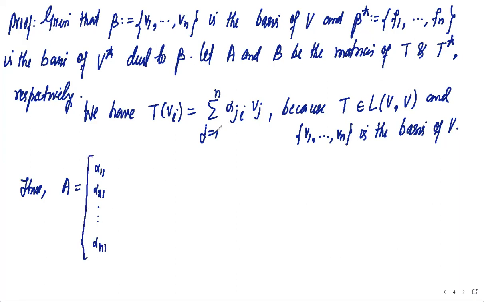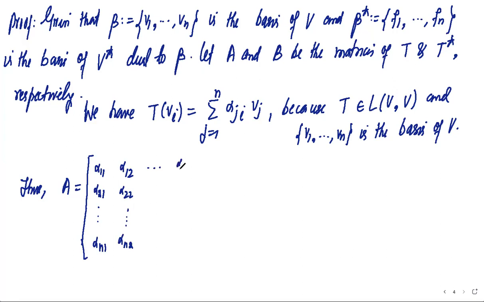Then the second column will similarly be T of V2. So it is summation j running from 1 to n alpha j2 Vj. So it is alpha 1 2, then alpha 2 2, and so on, alpha n 2, and so on.